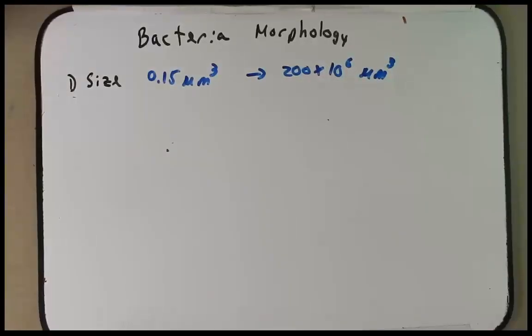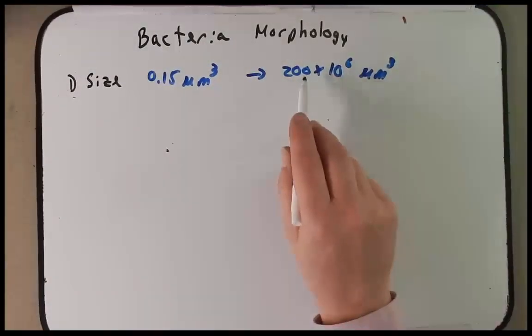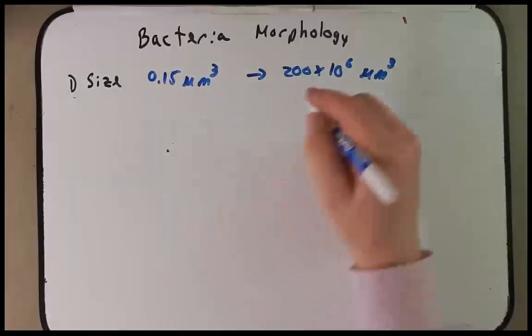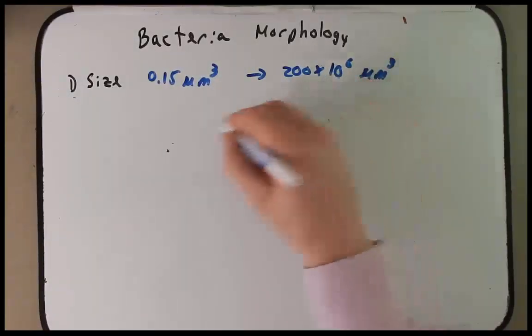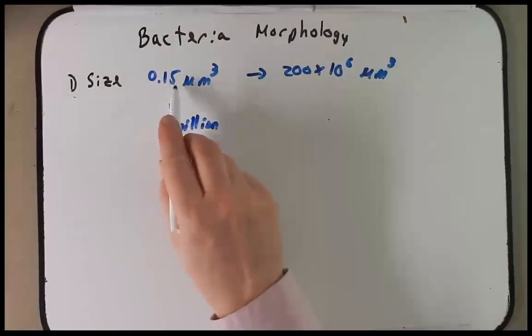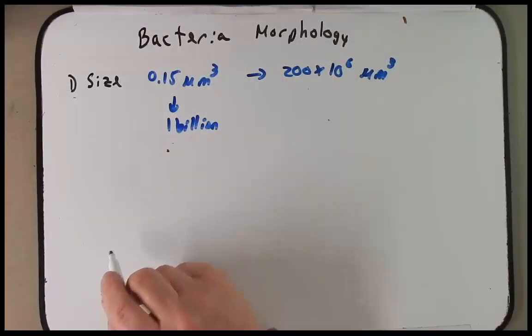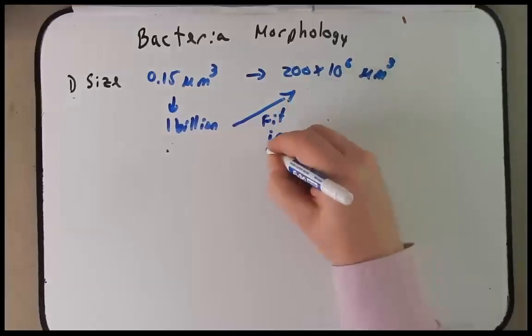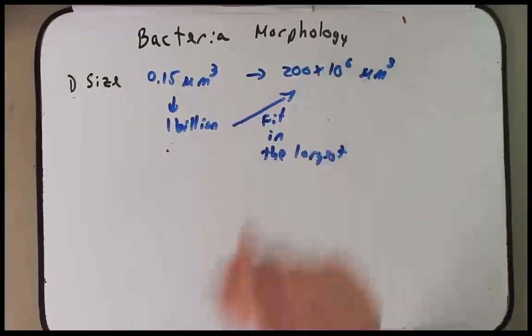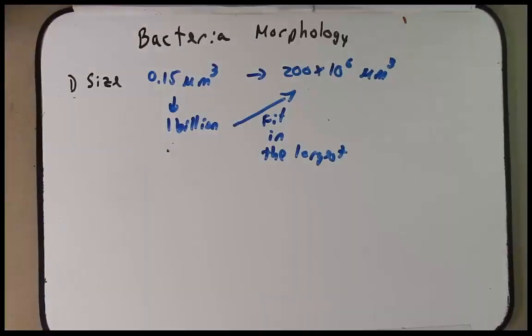So quite a bit bigger. To help explain how much larger this cell is, the largest bacterium to the smallest bacterium, you could put 1 billion of these bacterium that are 0.15 cubic micrometers in the largest. So 1 billion of these cells would fit inside of this largest bacterium.